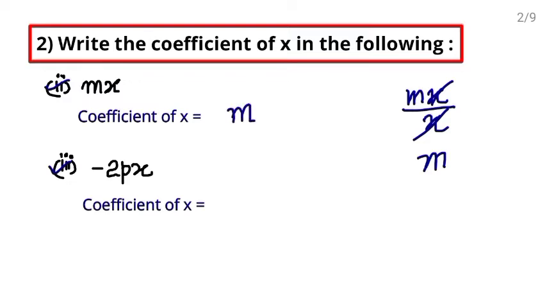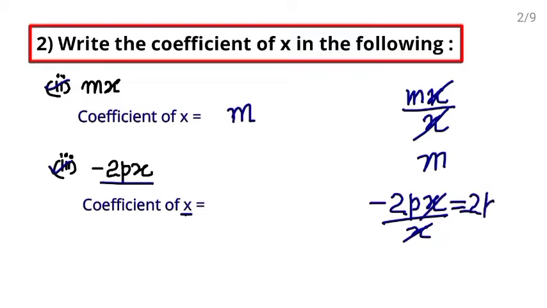Simple, right? Now here in this expression minus 2px. You want to find the coefficient of x. So divided by x. x to x cancel out. What do you have now? Minus 2p. Right? So the coefficient of x in this expression is minus 2p.